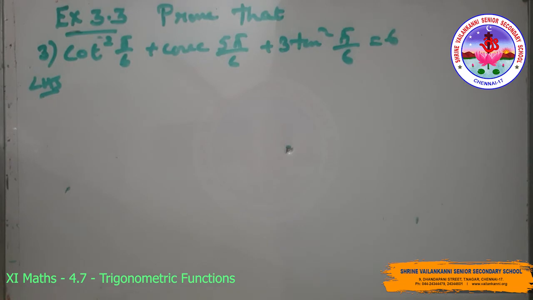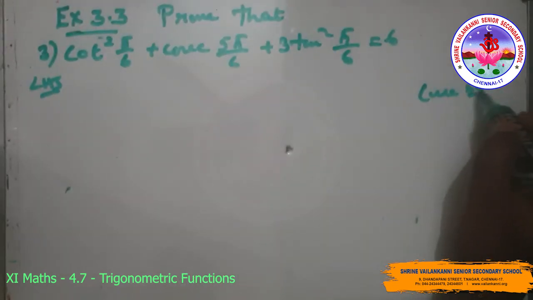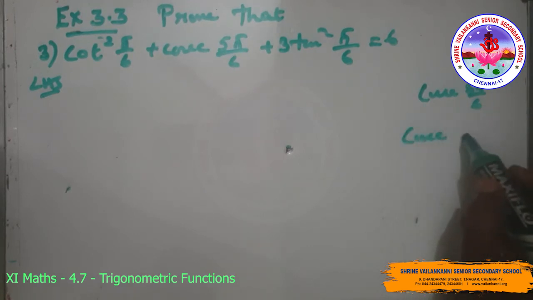So third one, prove that cot square pi by 6 plus cosecant 5 pi by 6 plus 3 tan square pi by 6 is equal to 6. So LHS is cot square pi by 6 plus cosecant 5 pi by 6 plus 3 tan square pi by 6. So cosecant 5 pi by 6 we can write as cosecant pi minus pi by 6.